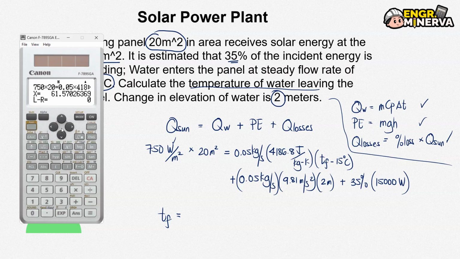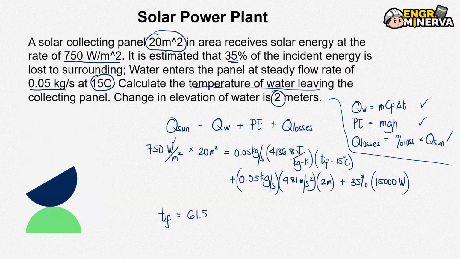Shift solve. Our temperature of the water leaving is 61.57 degrees Celsius. So that is our final answer.